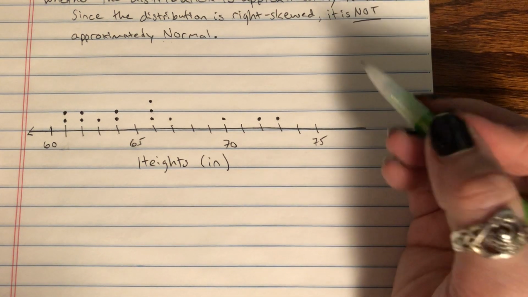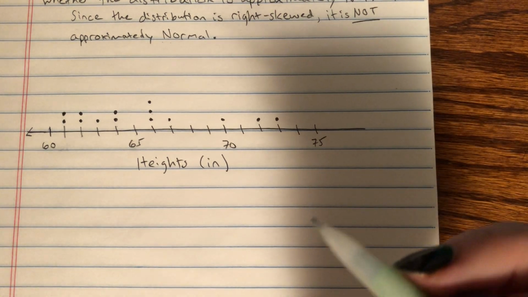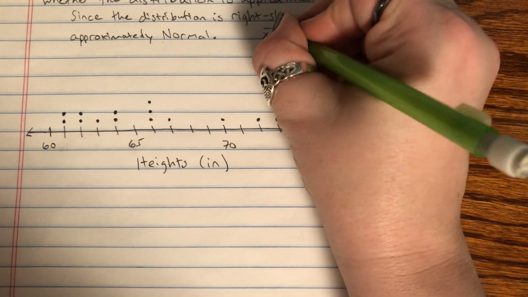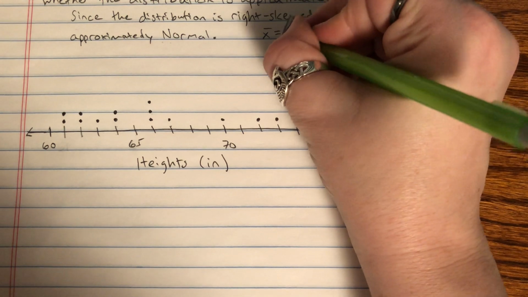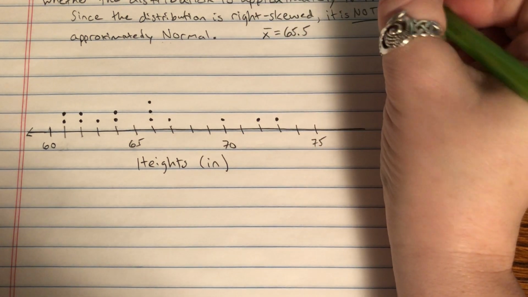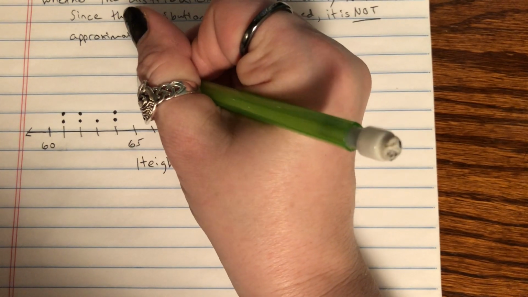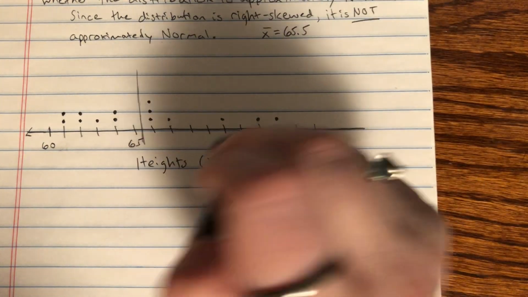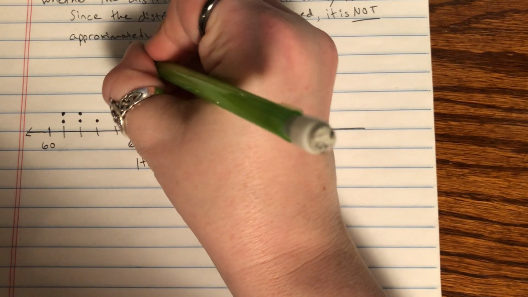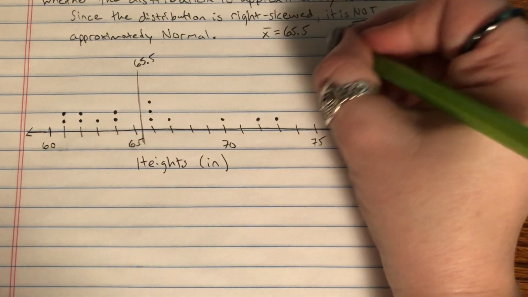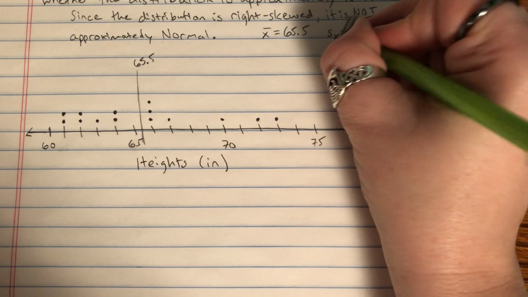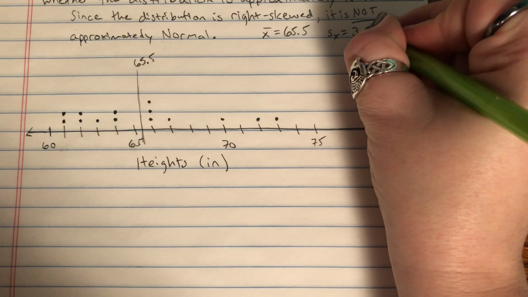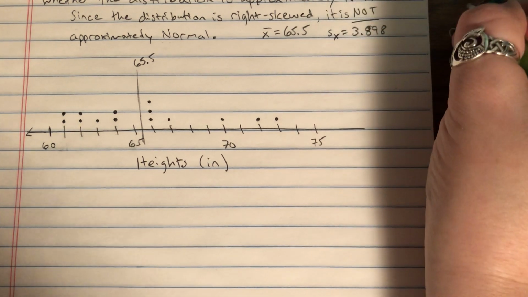All right, now the traditional way that we would check to see if data is approximately normal is that we would use the mean, in this case 65.5. All right, so that would be right in here. I'm a little bit off, but assume it's centered. And our standard deviation of 3.898.